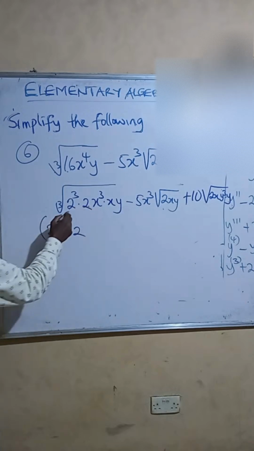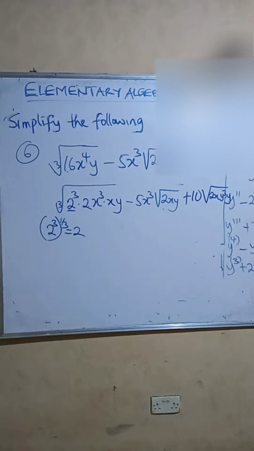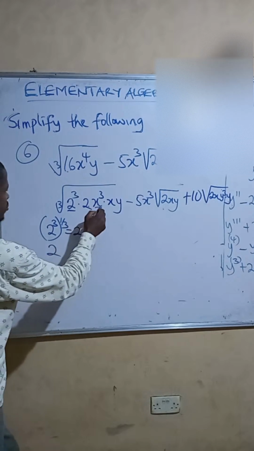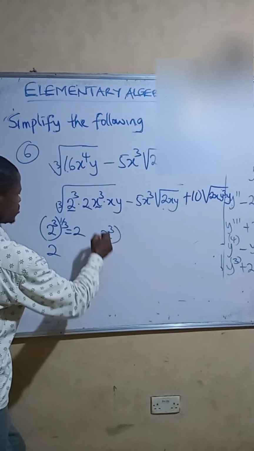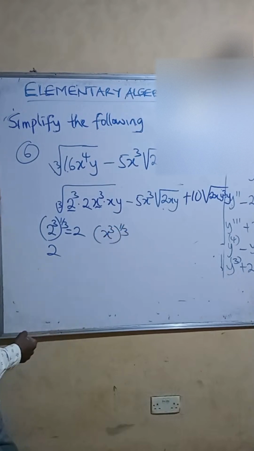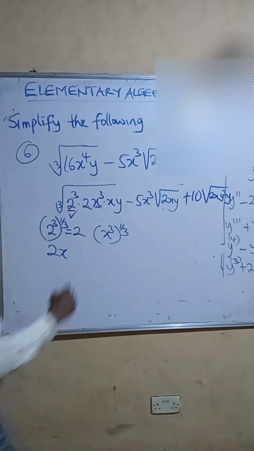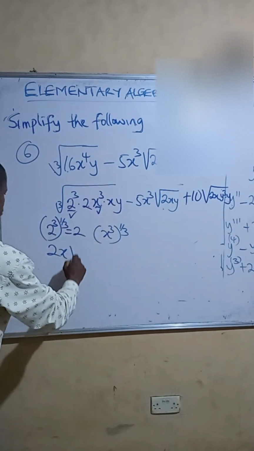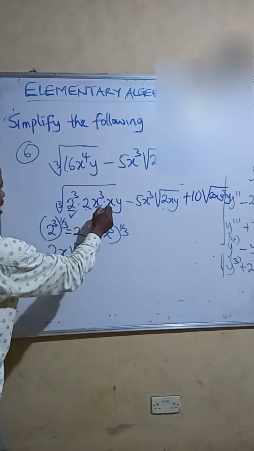Cube root of this is 2, so we can take 2 out. Here also cube root of x cube. Cube root of that is also x. That one is outside 2x. So this one is done. This one is also done. So we have cube root of 2xy.